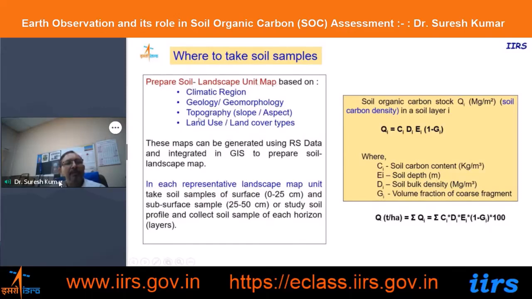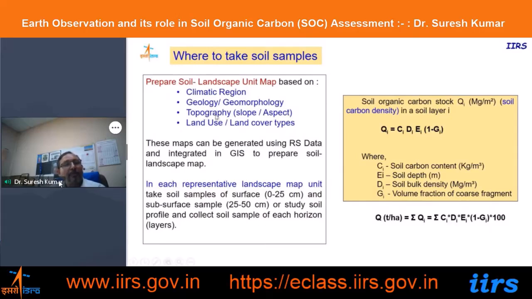How can we prepare this map unit? You take a climatic map, with arid, semi-arid, tropical, all the climatic regions. You take a map of geomorphology or geology, because carbon storage will depend on your geology and geomorphology.